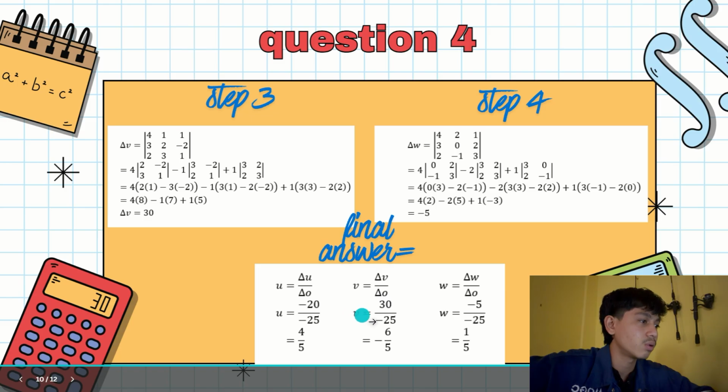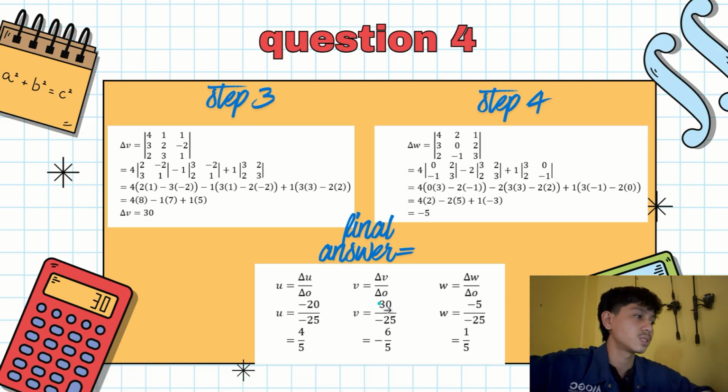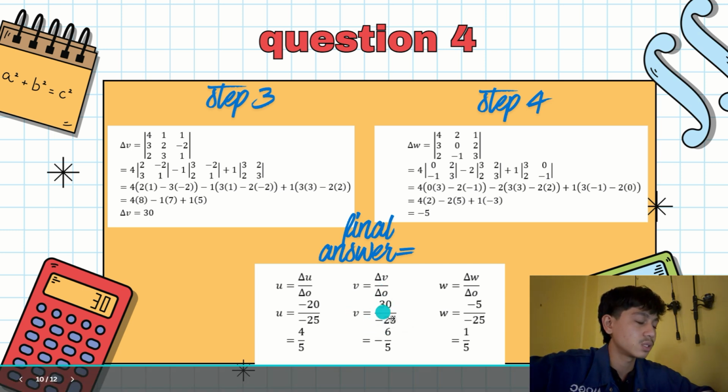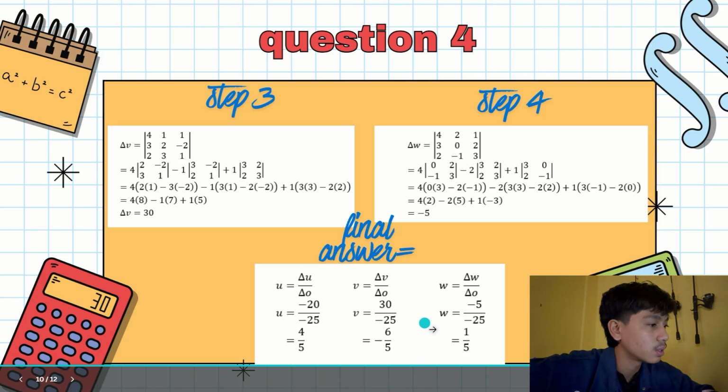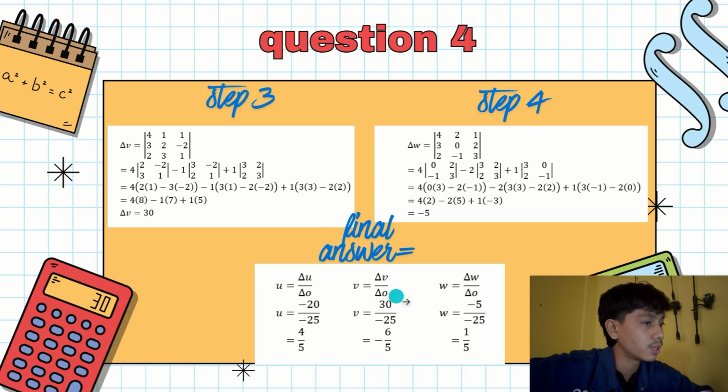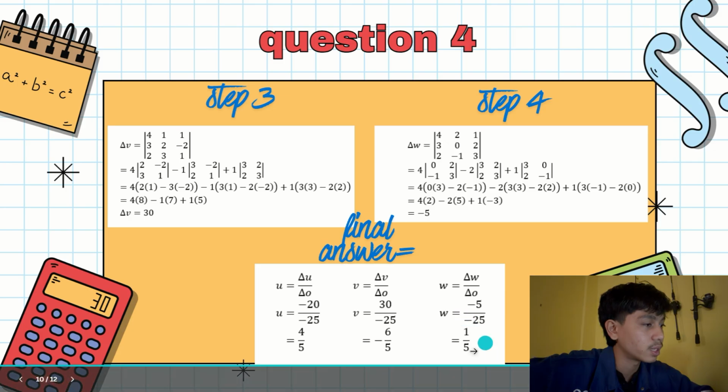And then the value of v is 30 divided by negative 25, which simplifies to negative 6 over 5. Next, the value of w is negative 5 divided by negative 25, which simplifies to 1 over 5.